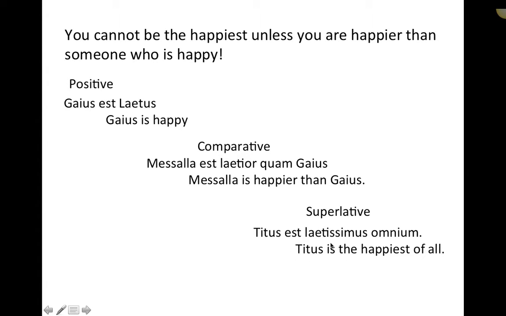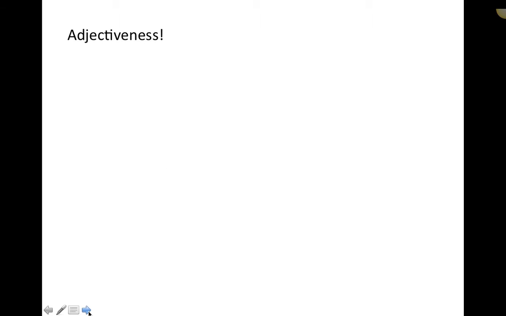So Titus is the happiest of all, so we're comparing Titus to a whole group of everybody. And like we've said before, this is where that partitive genitive is going to come in a lot, that omnium. But we'll talk more about that with the whole making comparisons review. If you have questions about the differences between a positive, comparative, and superlative, please come talk to me.